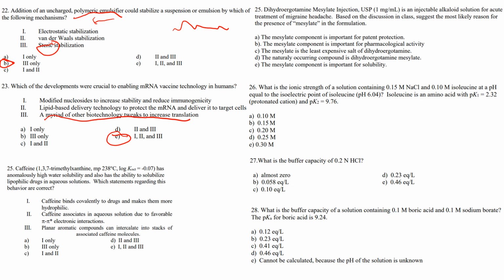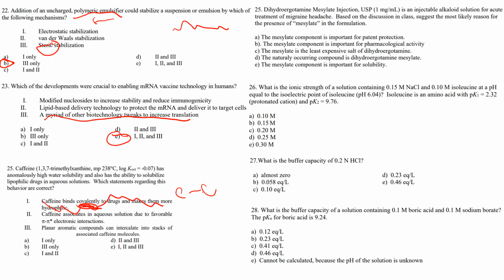For this next one, why is caffeine used in the solution for lipophilic solutions? Basically, this is one I didn't know when I went to the exam, or maybe I did. Maybe it was a question the previous year, but you can reason it out, right? Caffeine binding covalently. When I think of a covalent bond, I think of a carbon to carbon bond. That's not going to happen without an enzyme, so you can pretty much cross off one right away.